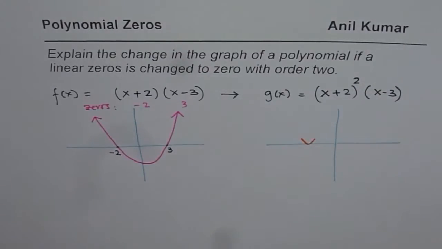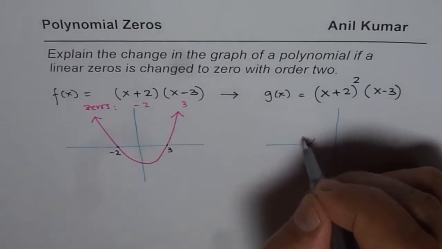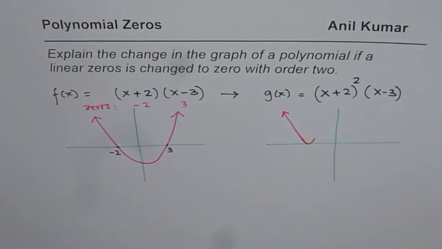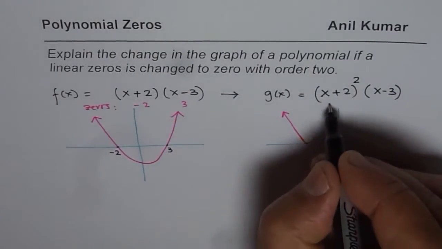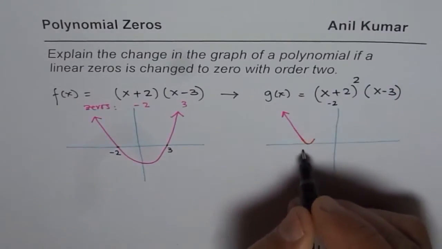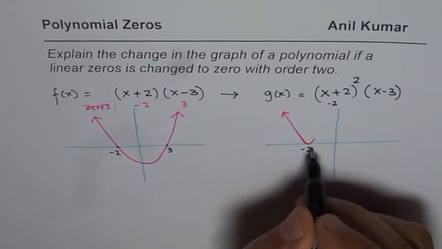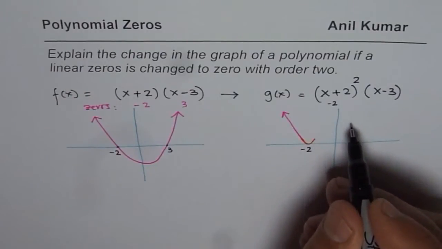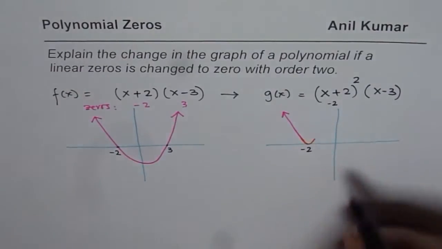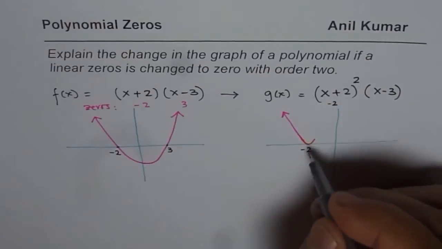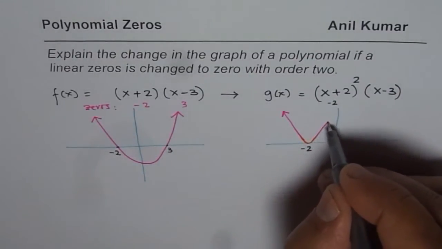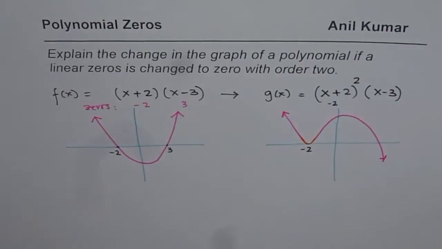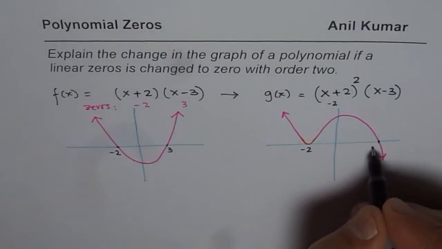So what really happens here is that when it approaches the zero at minus 2, of order 2, it does not cross, but it reflects back or bounces back. And the next zero is at 3, so it has to go kind of like this. It will go like this and kind of turn like this. Do you see that? Crossing the x-axis at 3.